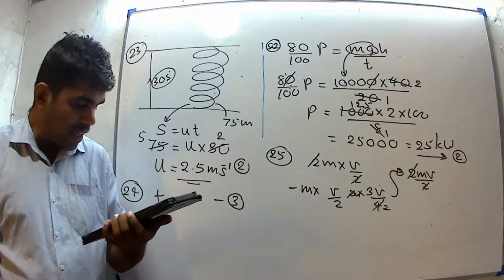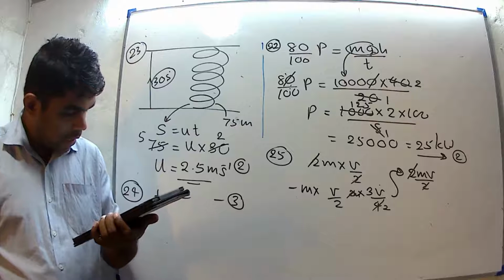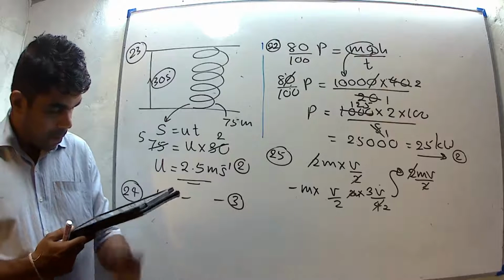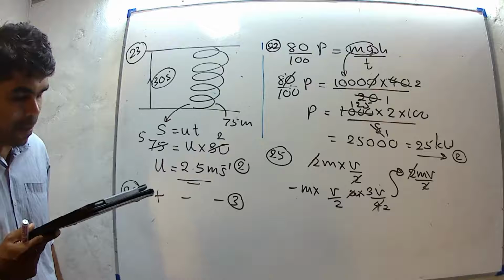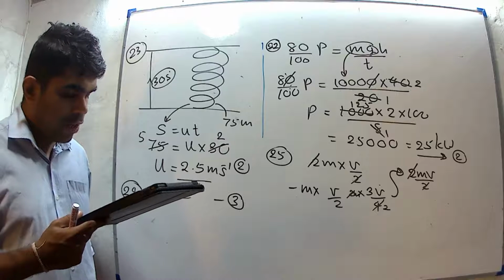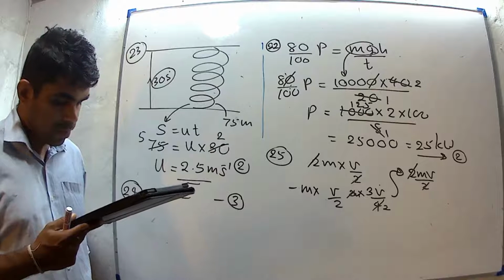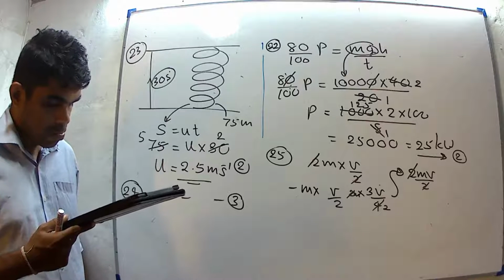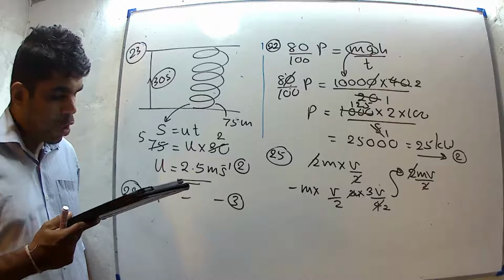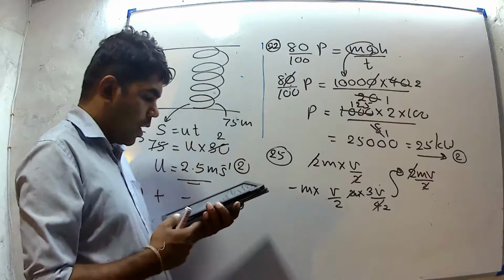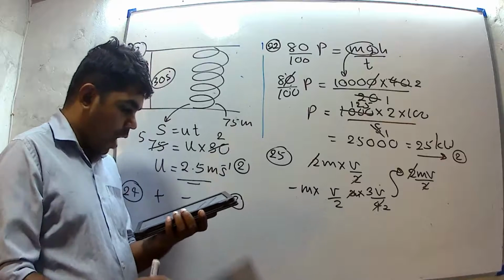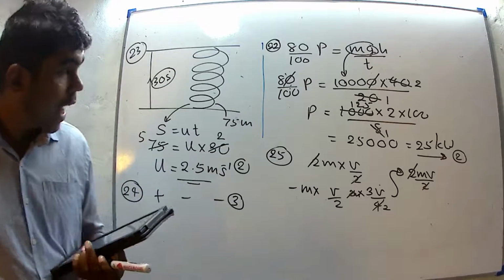But when considering the collision, the velocity of the 2m mass is 3v over 4, and of the m mass is v over 2. When considering kinetic energy, half m v squared, I will calculate it.